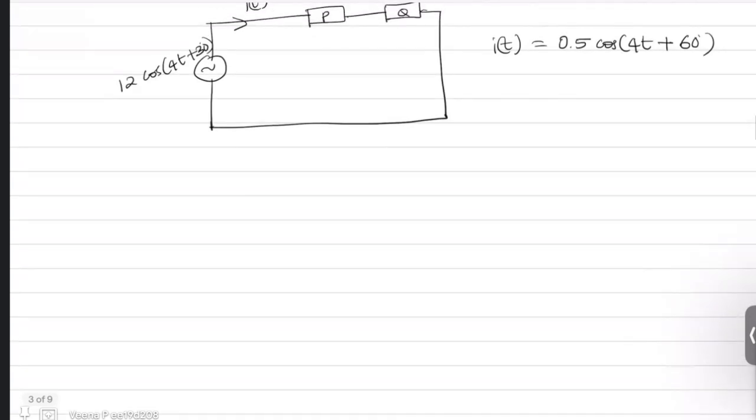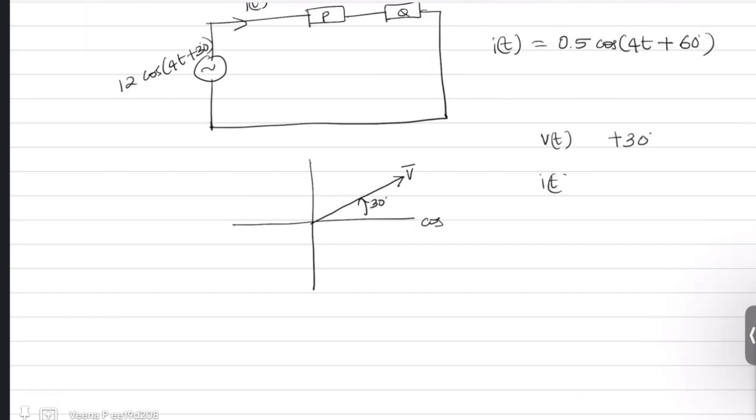So in the phasor domain, if you draw, you are taking cos as your reference. Your voltage is plus 30. That means it is in anti-clockwise direction 30 degree. So this is your voltage phasor. Now your current is plus 60 with the same frequency. Take a note, when a phasor diagram is drawn, you will draw all the phasors in the same frequency. Phasor diagram is drawn for a particular frequency.